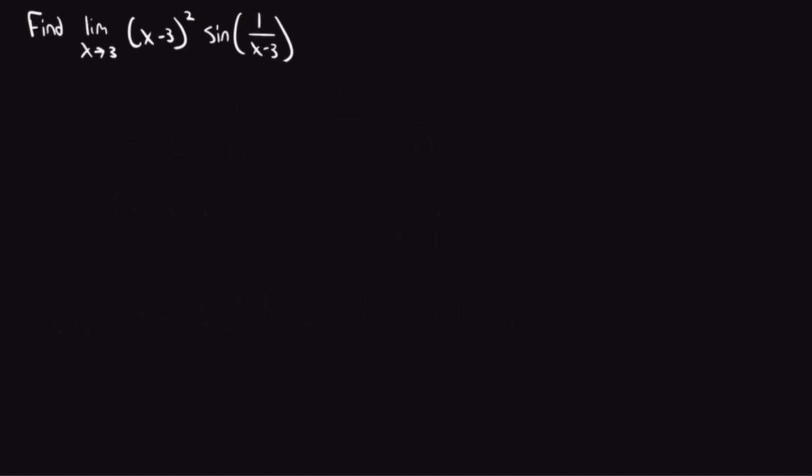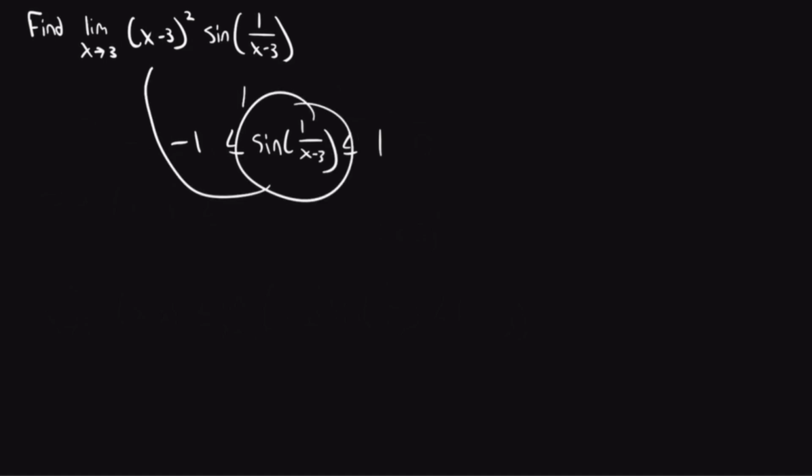You already know that the sine function is between -1 and 1, so it makes sense that any variation of the sine function, such as sine of 1 over (x minus 3), is also between -1 and 1. So we can use that, and we're almost at finding our limit here.